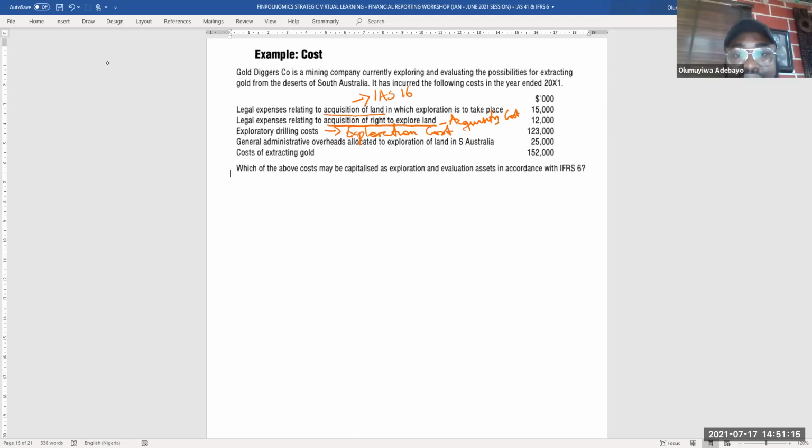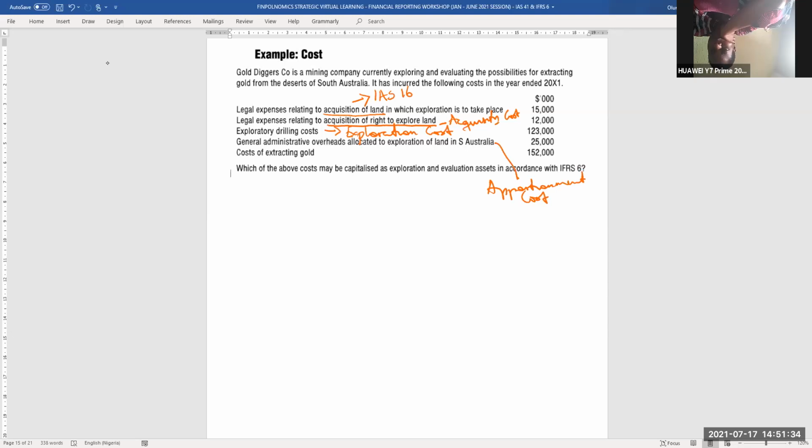General administrative overhead allocated. This is an apportionment cost. Guys, this is like general office administration. So let us share head office costs to different projects and all sorts. It has nothing to do with the exploration at all.